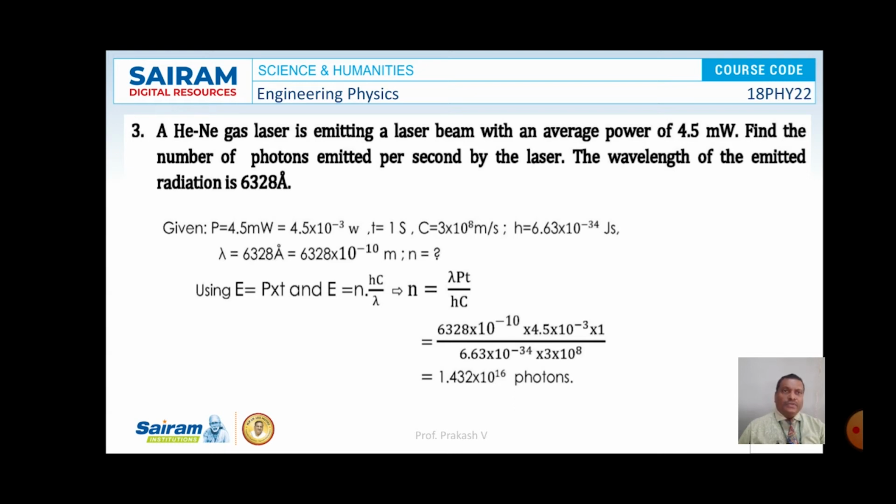So lambda, P, t and hc values are substituted here, and on simplification the value of N, that is the number of photons emitted, is observed to be 1.432 into 10 to the power of 16 photons. Okay, so this is the number of photons emitted and the solution for the given problem.